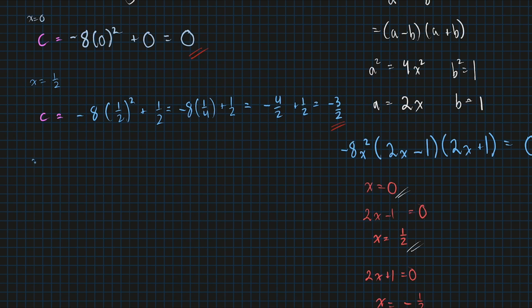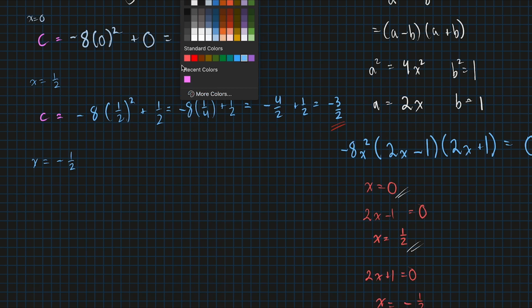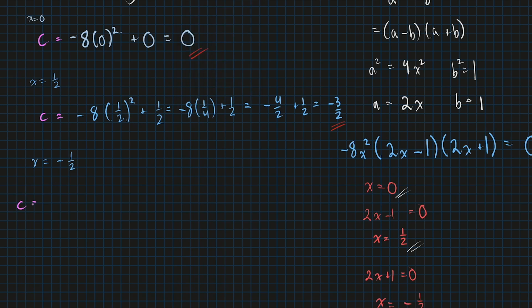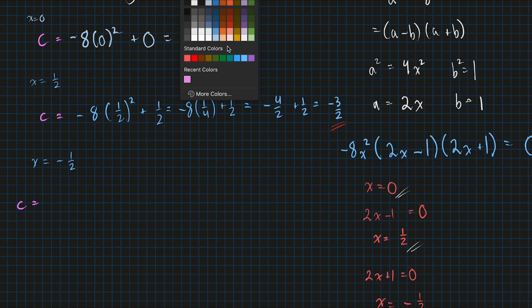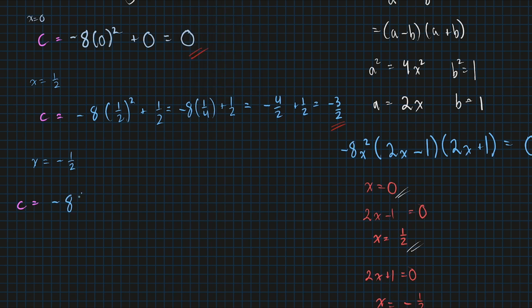And now for our final case, where x is equal to negative 1/2. So this means that c is equal to negative 8 times negative 1/2 squared, and we're adding negative 1/2, which is really subtracting 1/2. So this, I'll bring it a bit lower. So this is equal to negative 8 times 1 over 4, because even though it's negative, if you square it, it still becomes positive 1 over 4.